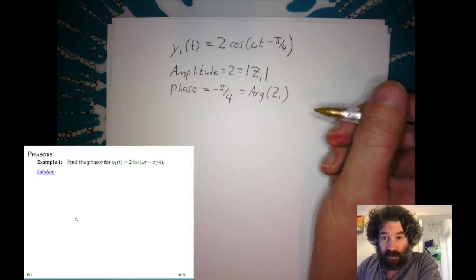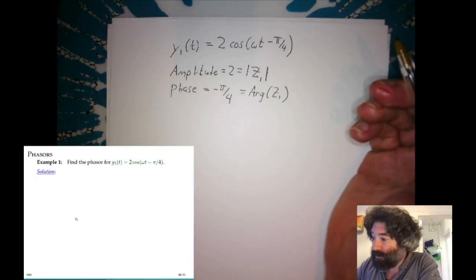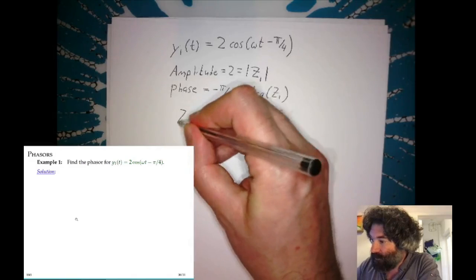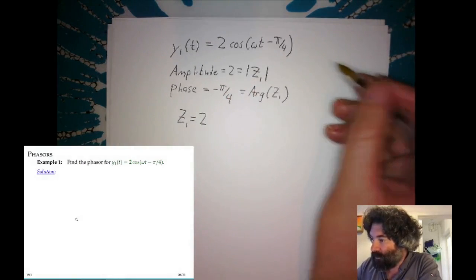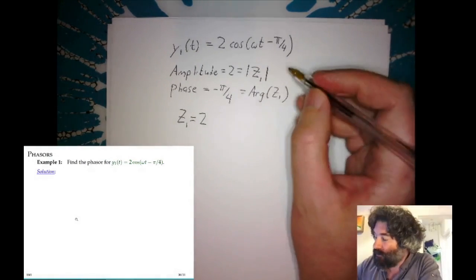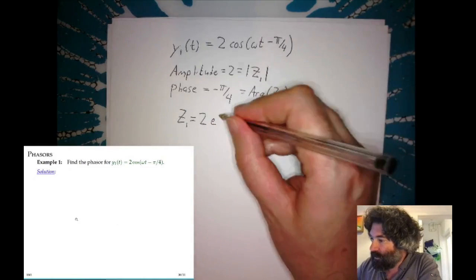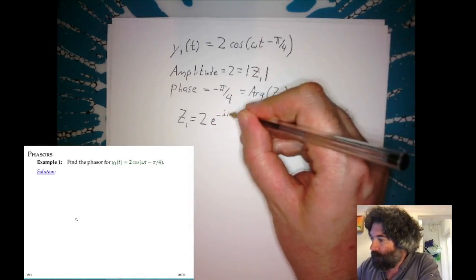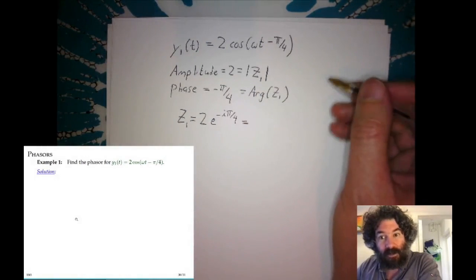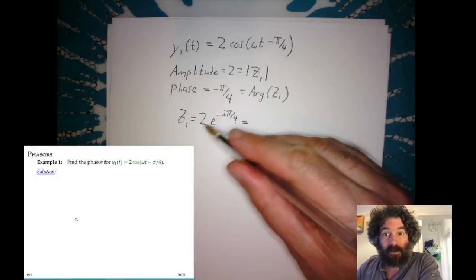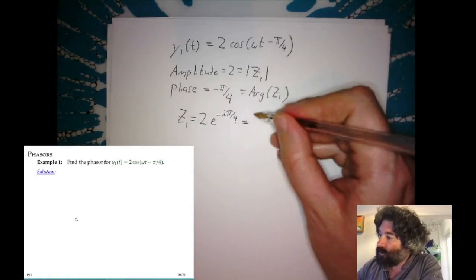So straight away we recognize what the exponential form for the phasor is. The phasor is 2, the amplitude or modulus of the phasor, times e to the negative i pi over 4. And let me just point out that if we wanted, we could use Euler's formula in order to find the real and imaginary parts of the phasor.